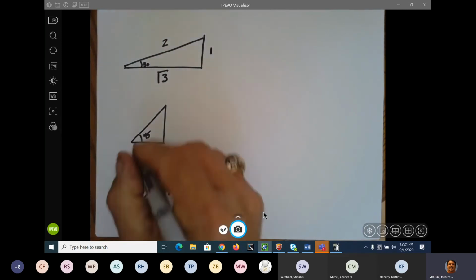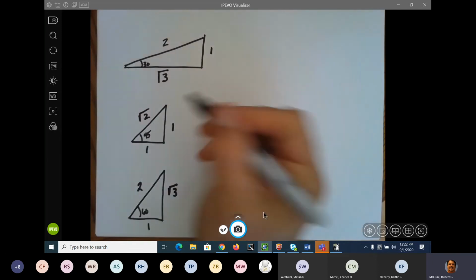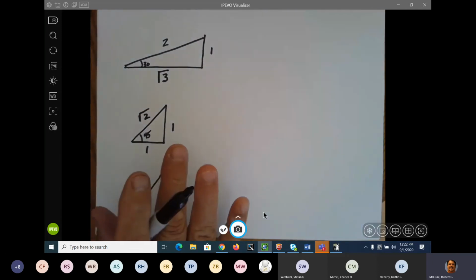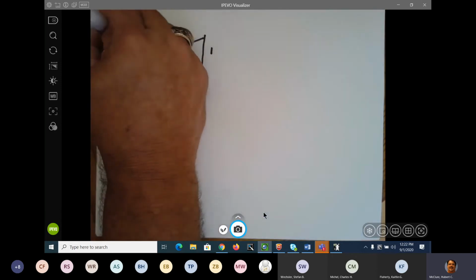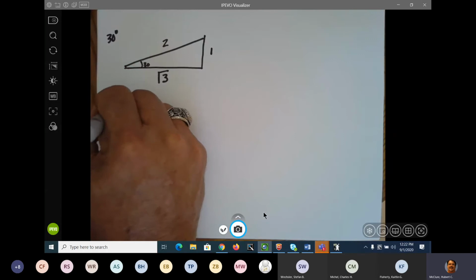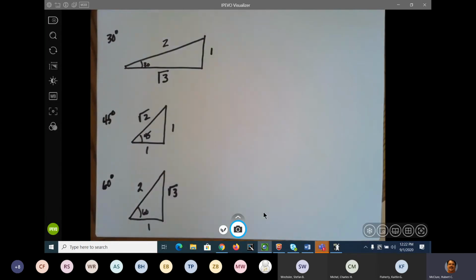And this is equal to 1, 1, square root of 2. Now, you don't need to know that for the unit circle, but might as well write these down because this is a 30-degree angle, this is a 45-degree angle, and this is a 60-degree angle. And those angles is what's going to make up your unit circle. And you're also going to see this in the next section, which is 9.2. But anyway, let me go ahead and show you how you're going to fill out your unit circle.